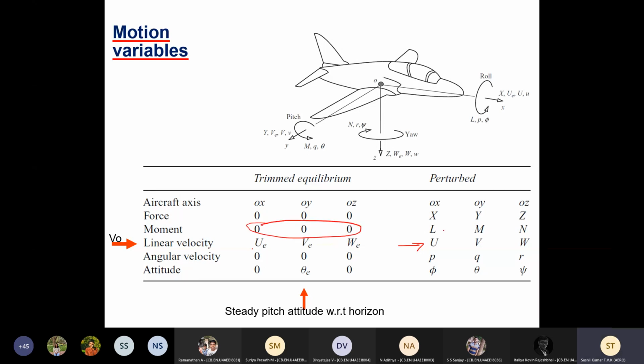But the moment you disturb it, they become L, M, N. So moments are L, M, N. Similarly, forces are X, Y, Z in the perturbed condition, because under equilibrium the net force is zero. That's why it is an equilibrium, whereas when you perturb it, it's going to be X, Y, Z. So in addition to the velocities, you should know that there are three forces X, Y, Z, and corresponding moments L, M, N.